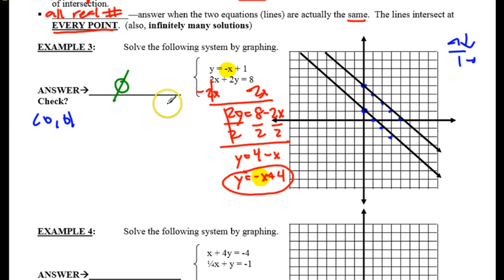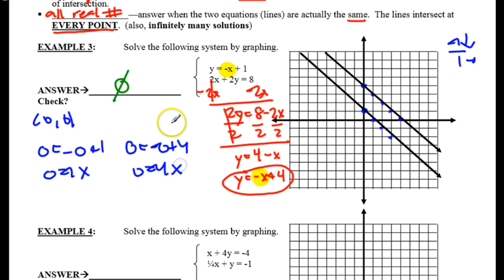If we plug in 0 for the first one, y equals negative x plus 1, 0 equals 1 does not check out. And then down here, y equals negative x plus 4, 0 equals 4 doesn't check out. Nothing will balance these equations out. So that's why it's the empty set here.